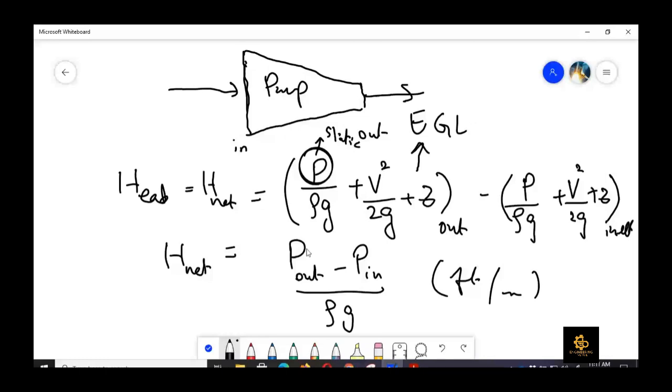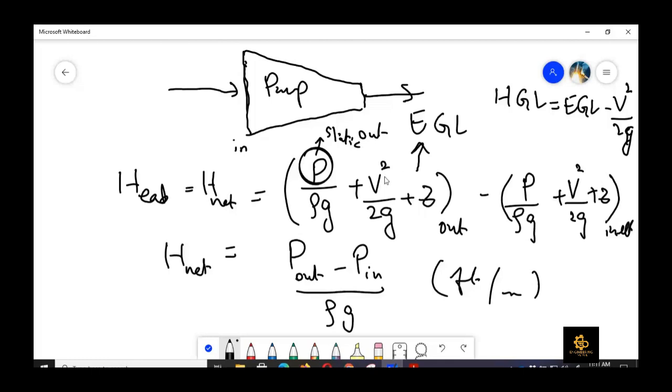The energy grade line is the sum of these three heads, and the hydraulic grade line is the energy grade line minus V square upon 2g. Right. I hope that in fluid mechanics one you must have heard these two terms. The energy grade line for ideal flow remains the same, a horizontal line.